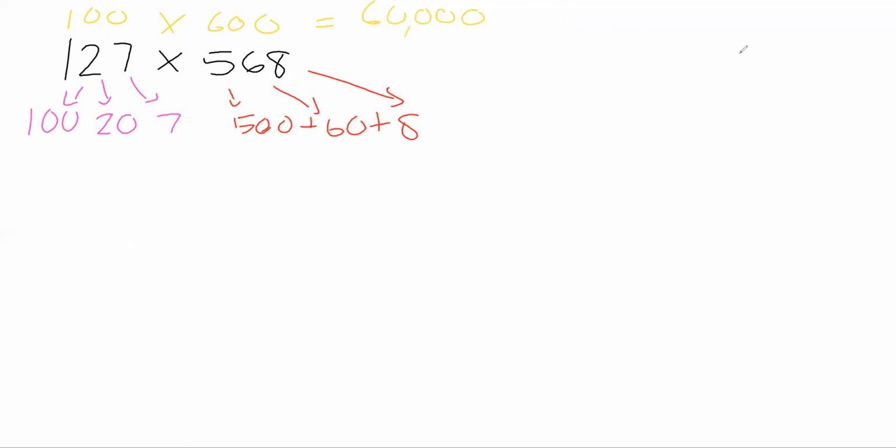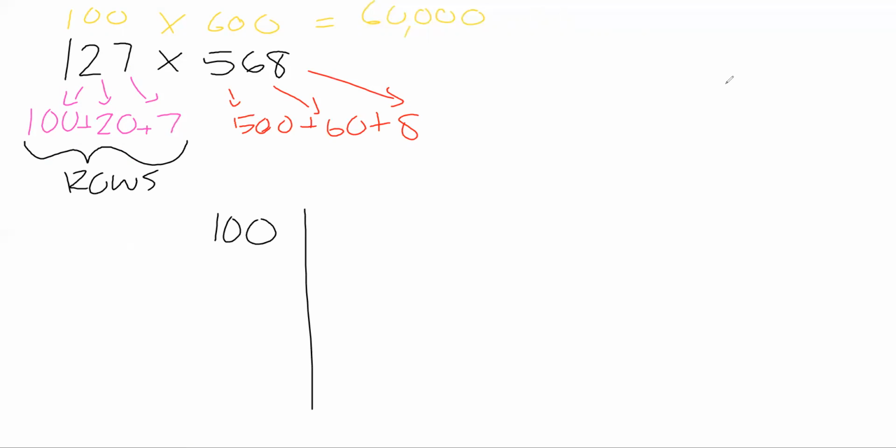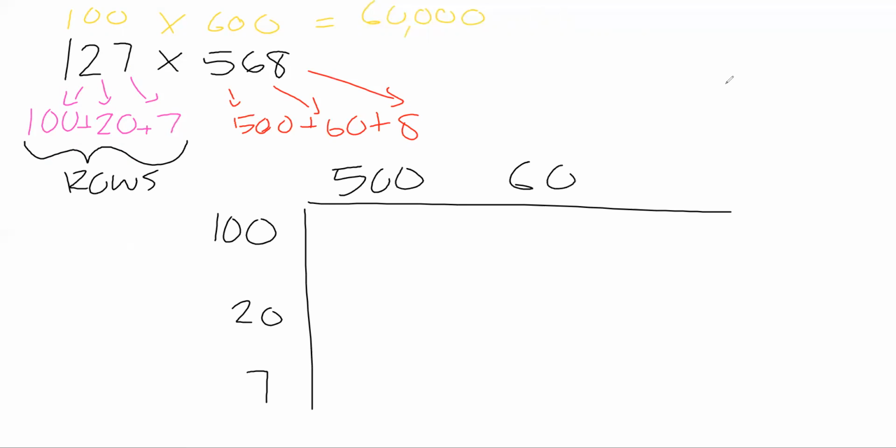And again, this is here to help me build my rows and my columns for my model. So I see that I have 3 rows here. I have a row called 100. I have a row called 20, and I have a row called 7. And then I have a column of 500, a column of 60, and a column of 8.